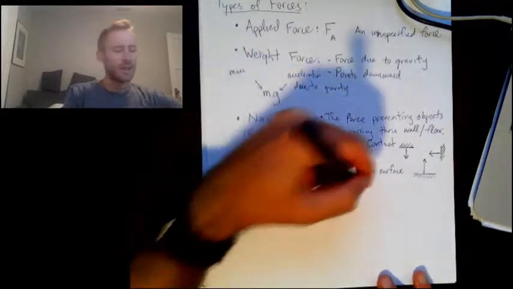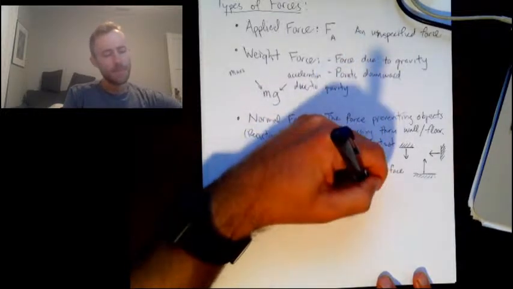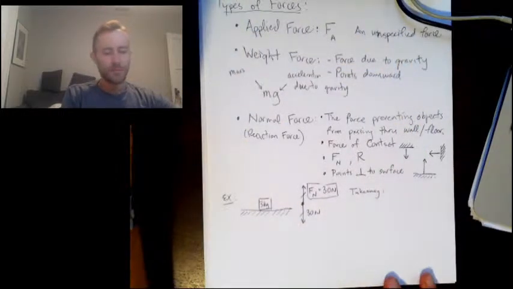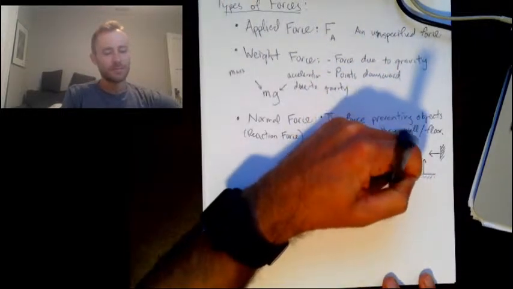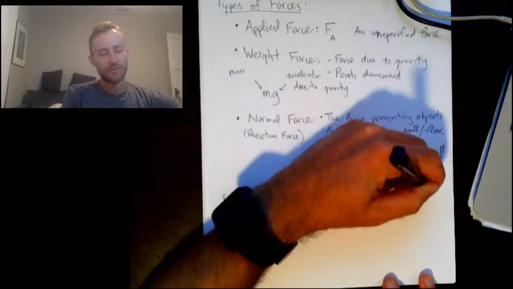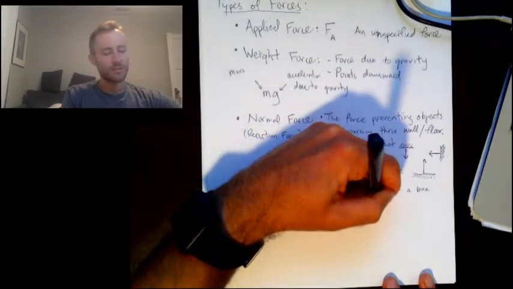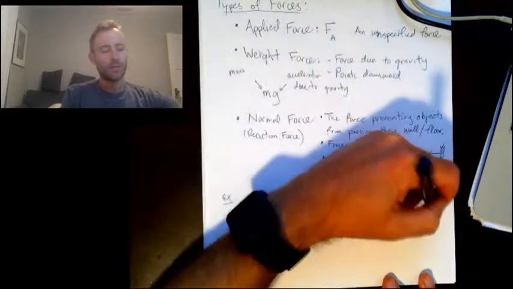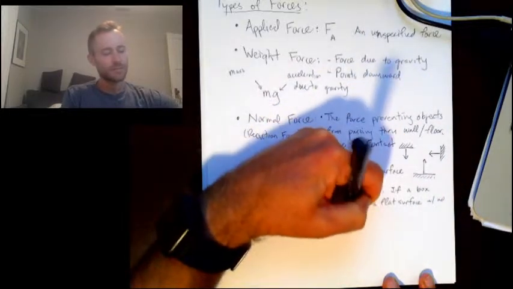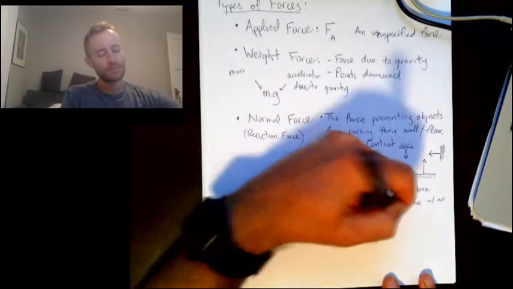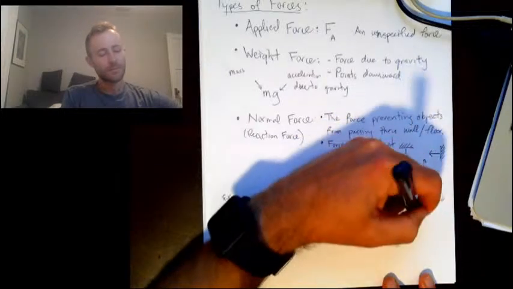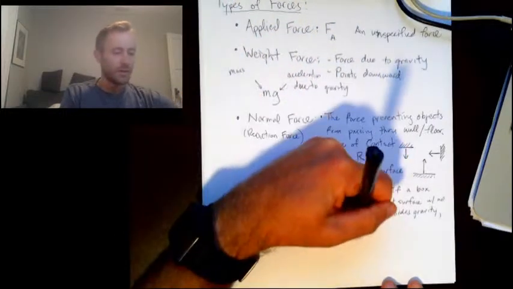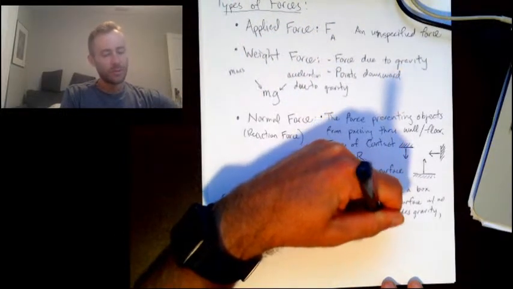So the takeaway for this example is that if a box is on a flat surface, with no other force besides gravity, then the weight force is equal to the normal force.